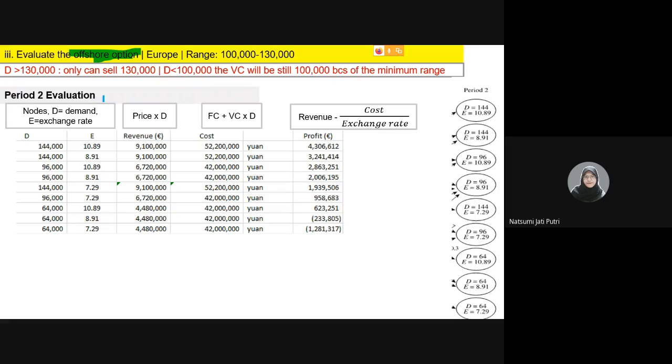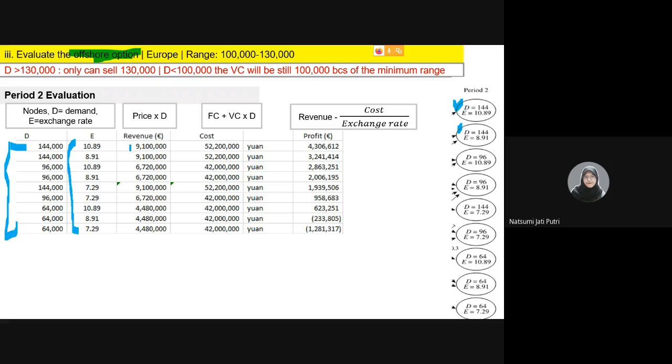Okay, the steps are also the same. We evaluate from the further period, which is period 2. It is also the same. The number in each node here just move to here.